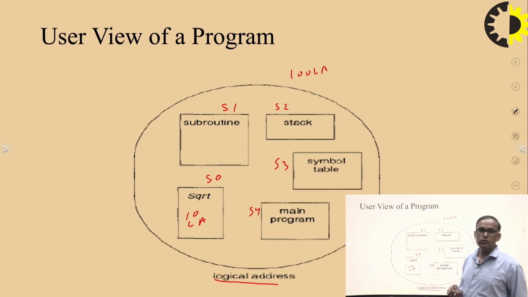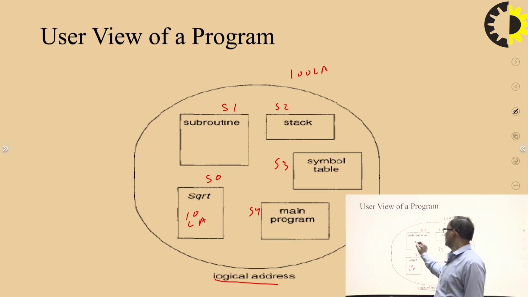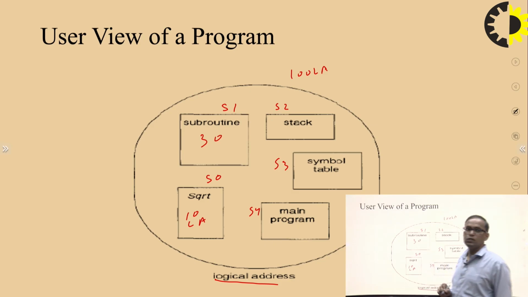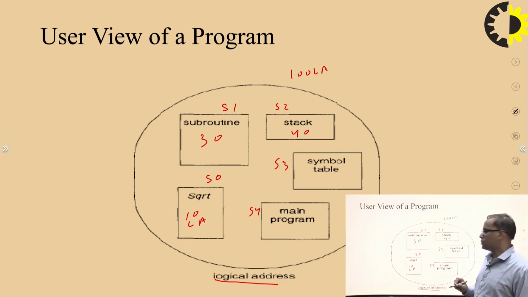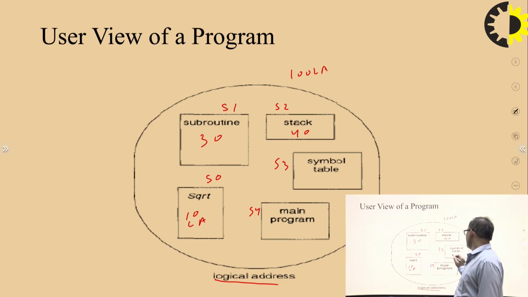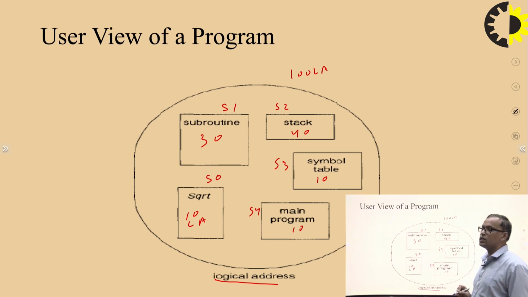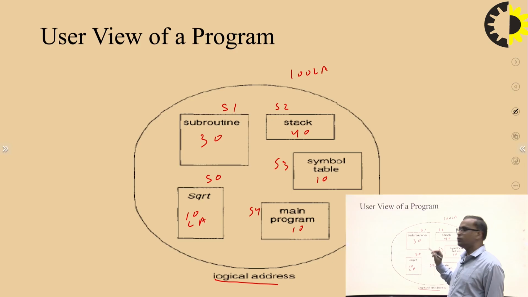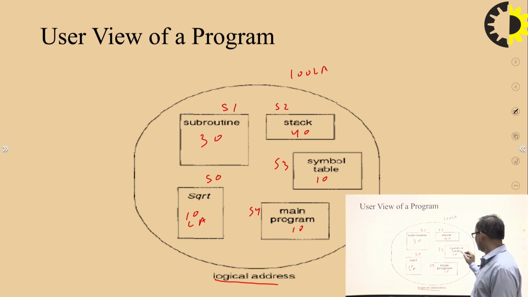Suppose 10 logical addresses belong to segment S0, 30 logical addresses will belong to S1, 40 logical addresses will belong to S2, 10 logical addresses will belong to S3, and 10 logical addresses will belong to S4. So 10 plus 30 is 40, 40 plus 40 is 80, 90, 100. So there are 100 logical addresses.